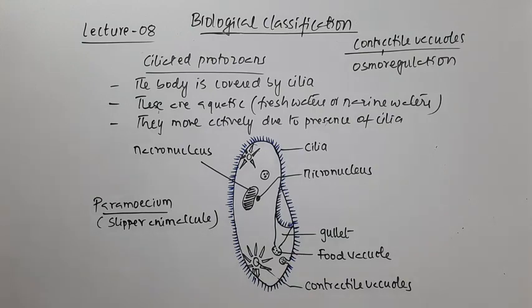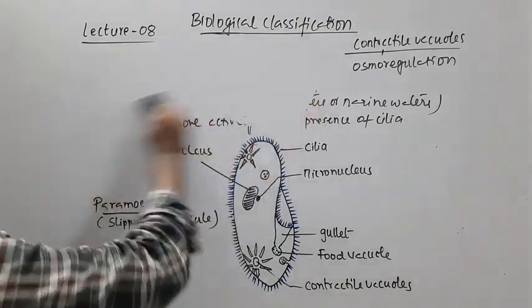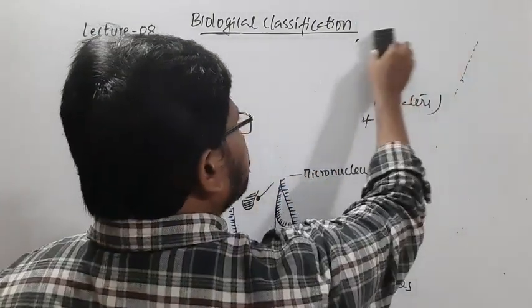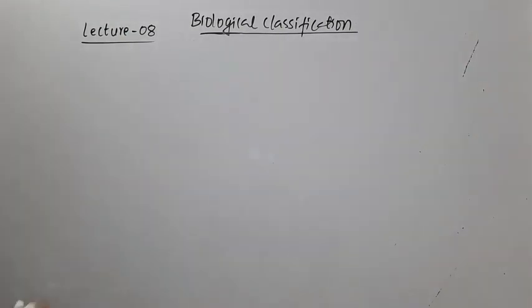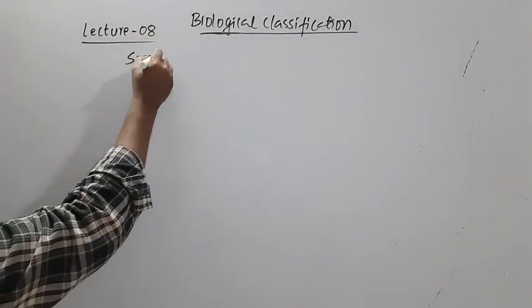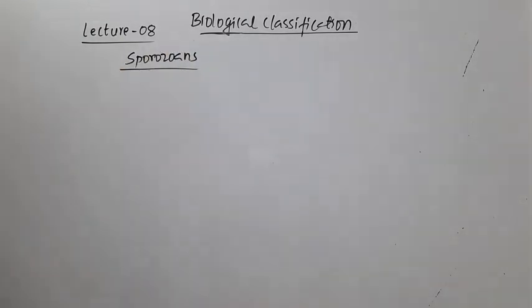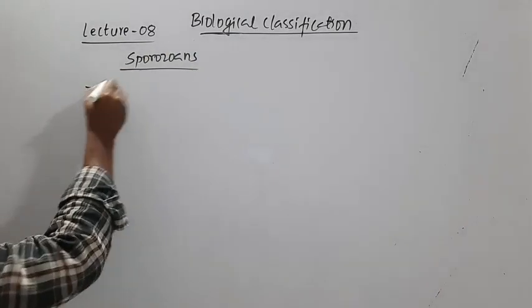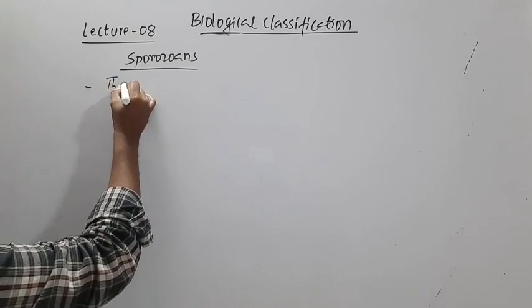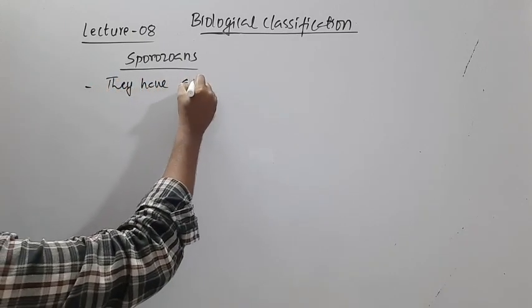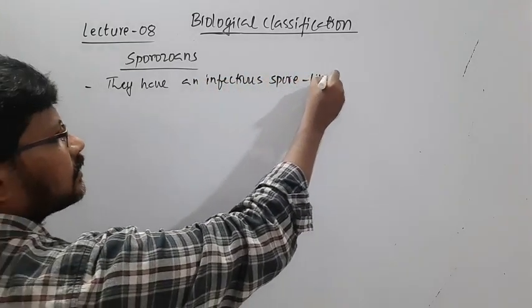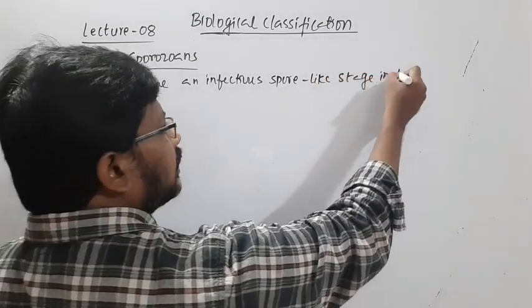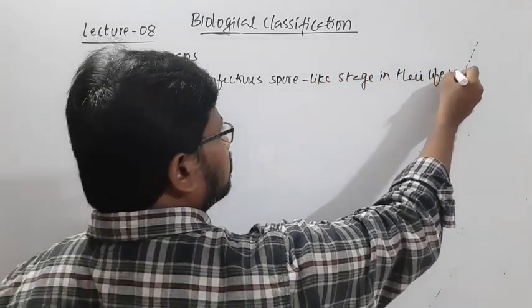Now let's see the last one, sporozoans. These are the organisms that have an infectious spore-like stage in their life cycle.